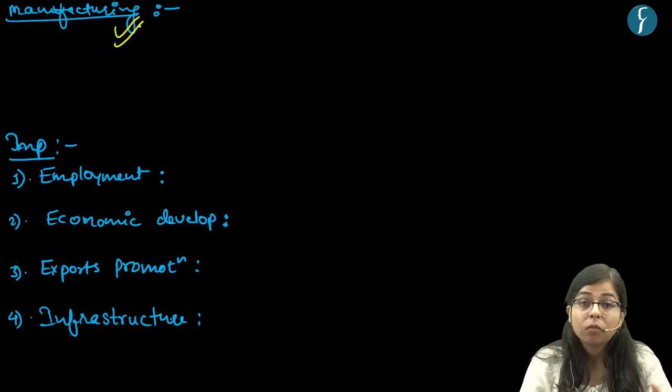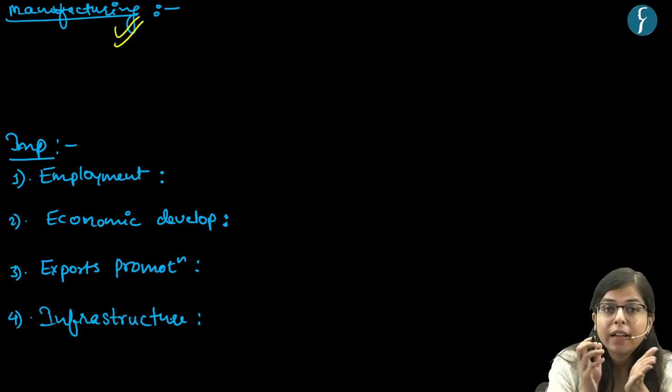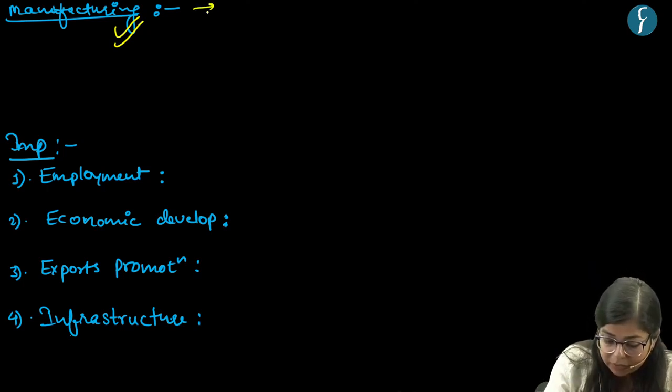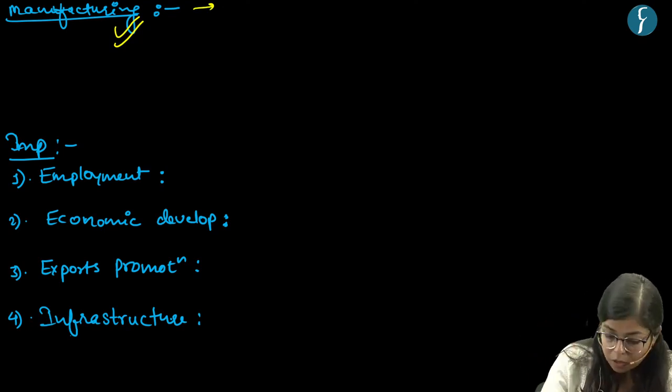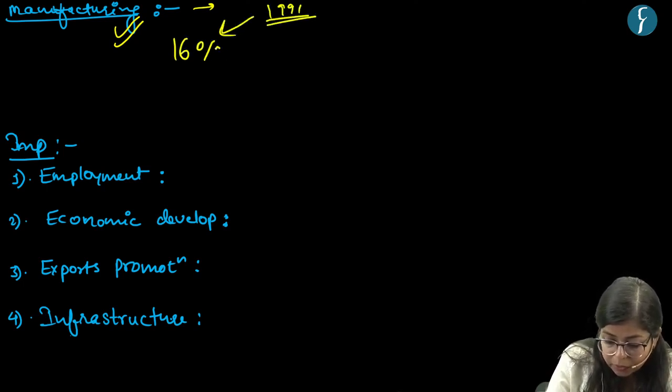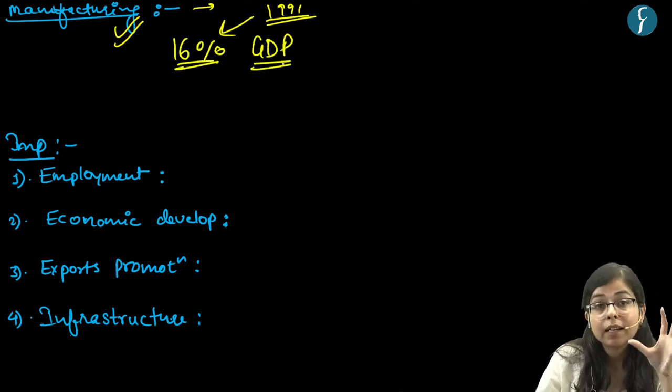Now, if we talk about the manufacturing sector, right? We've seen that the growth of this sector in the country has stagnated. Prior to the LPG reforms of 1991, the sector contributed around 16% of India's GDP.